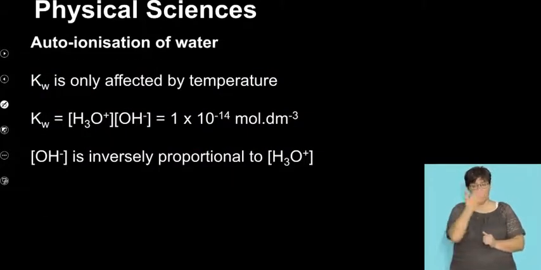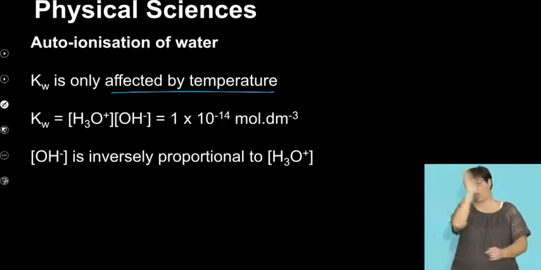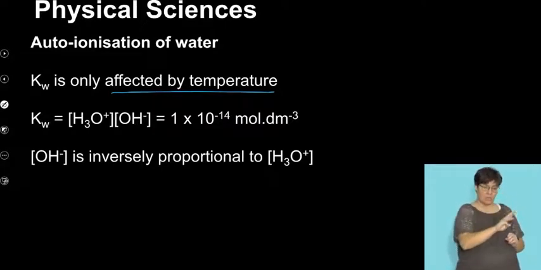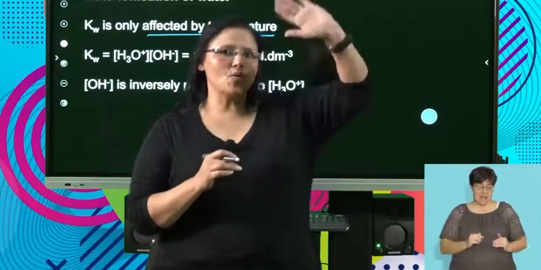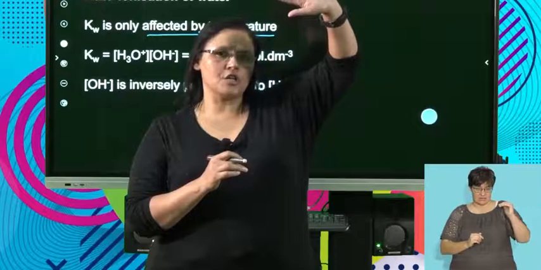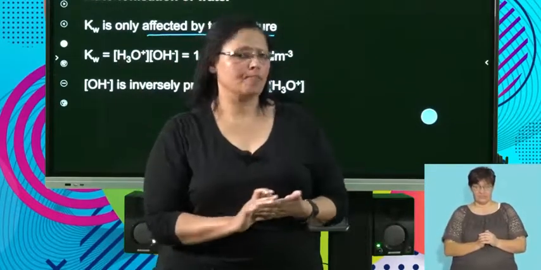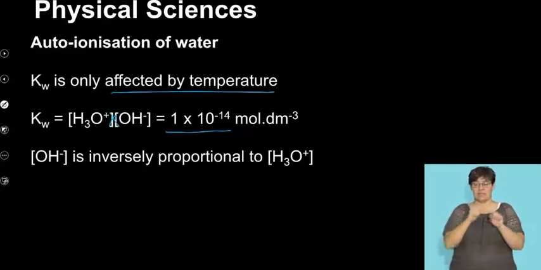Kw, as we know, like Kc, is only affected by temperature. I've said it so many times, I think you now know that. And because Kw is only affected by temperature, if the temperature is not changed, then Kw is equal to 1 times 10 to the power minus 14, meaning an increase in the one ion concentration will mean a decrease in the other ion concentration. So the Kw means that hydronium ion concentration times hydroxide ion concentration will have that constant.